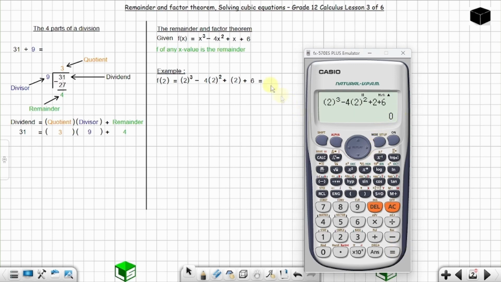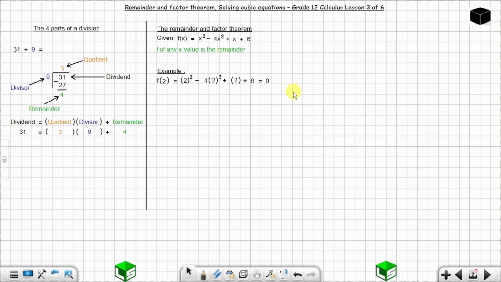This is equal to 0. So the remainder is equal to f of 2, and this is equal to 0.